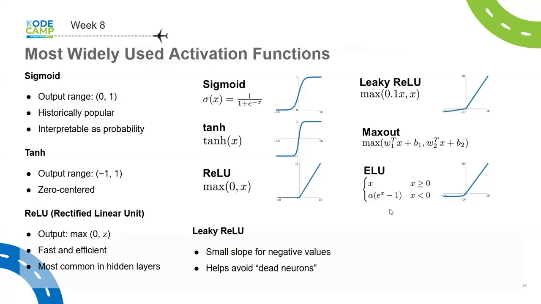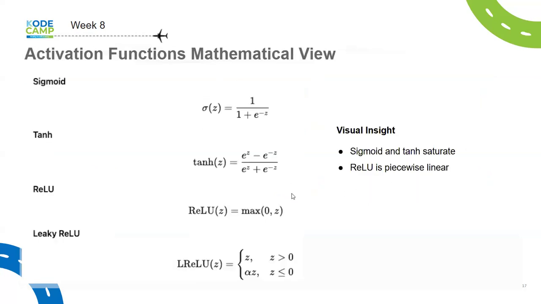But when it's negative, you use this exponential value, using alpha, which is a measure of how much of a component you allow in the negative direction. So that's it basically.